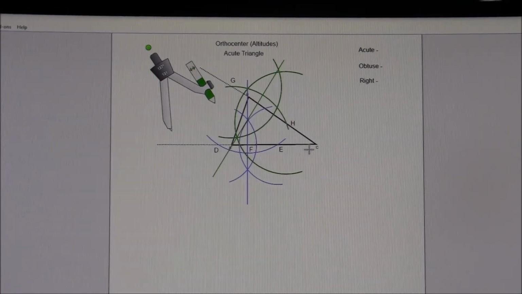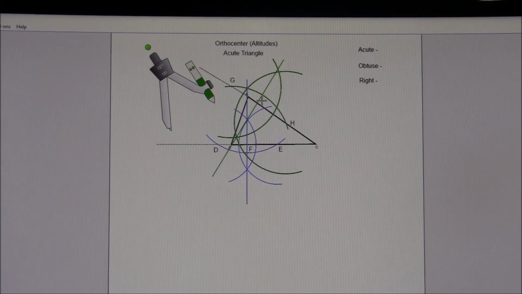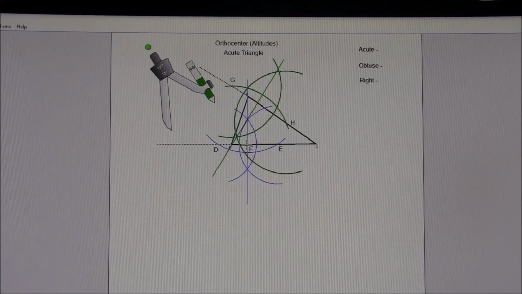Alright. Do you see right here this point? It's from the vertex to right here. You see the blue? Vertex to right here. Green. Vertex to right there.